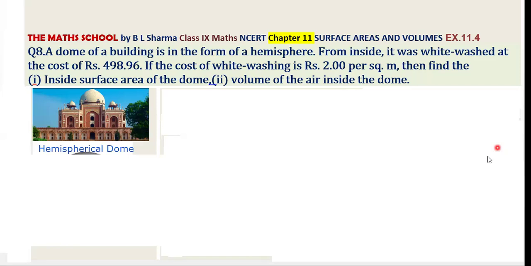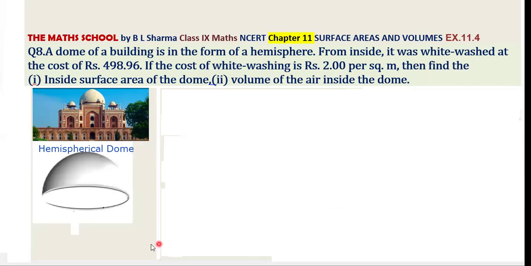तो मैं एक अलग से फिगर बनाता हूं आपके लिए. ये डोम है और ये इनर पार्ट है इसका, ये वाला अंदर की तरफ. And that is curved surface area of hemisphere.